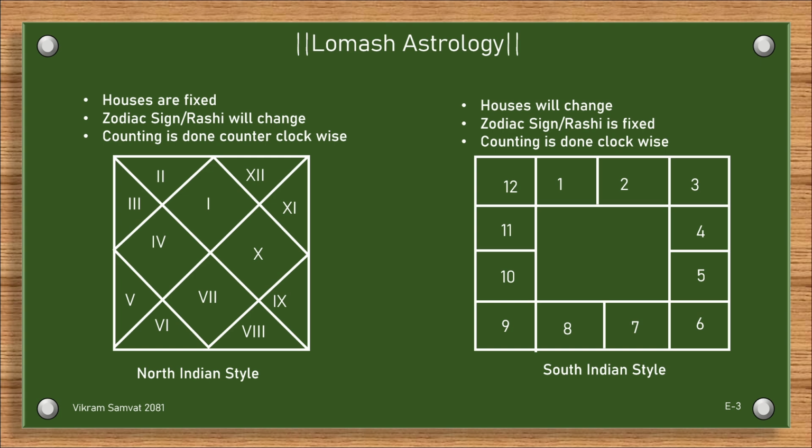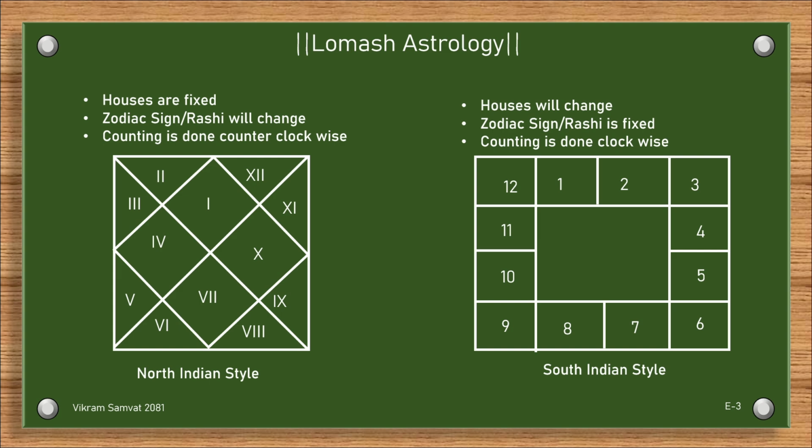There are 12 houses. The houses will remain fixed, the zodiac sign will change. So house number 1 may contain the 7th zodiac sign or the 10th zodiac sign and so on.